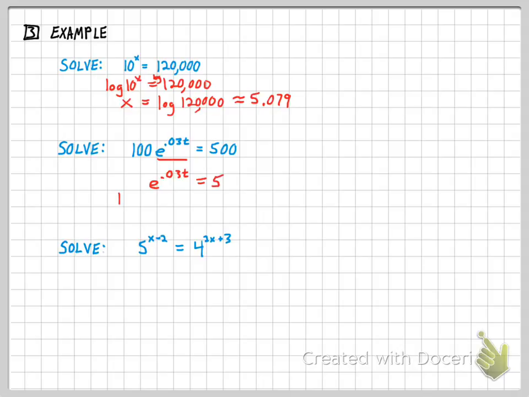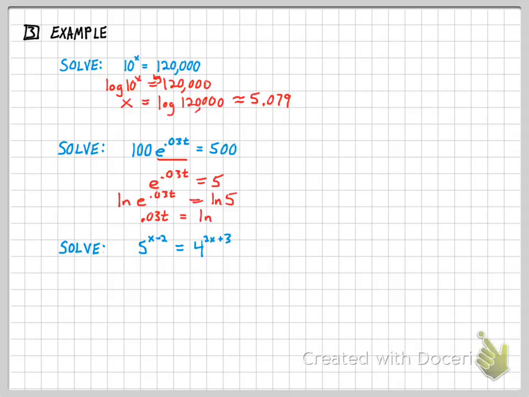In this problem, I'm going to use a natural log. Hopefully you see why. Again, any base will work, but the natural log will be particularly helpful because that's going to give us an expression over here that's the natural log, so log base e of e to the 0.03t, and that simply gives us the exponent 0.03t.